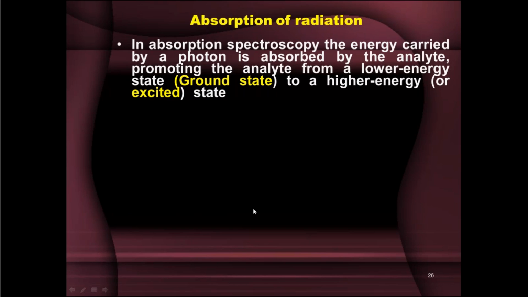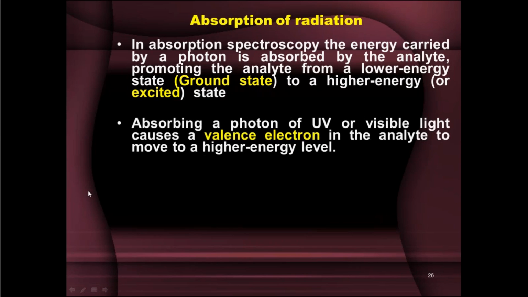So when a molecule, atom, or electron absorbs energy from a photon, the energy that is absorbed promotes the particle to the excited state from the ground state.